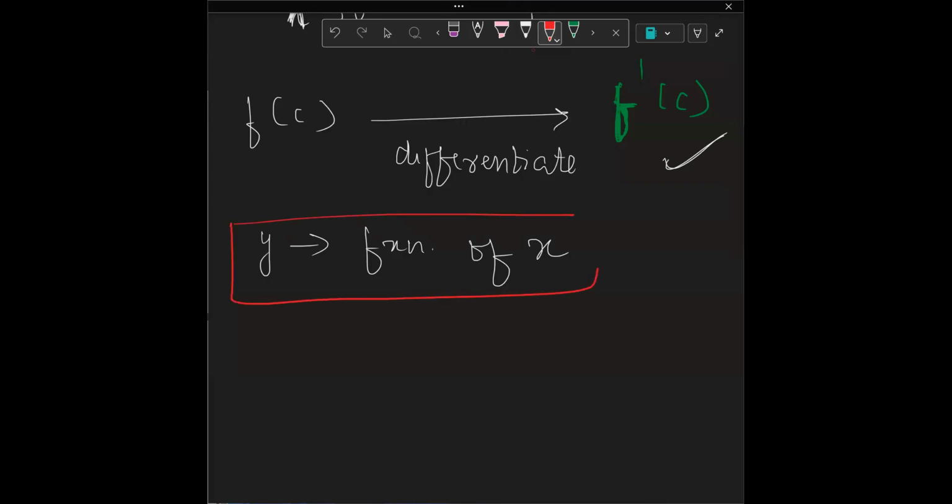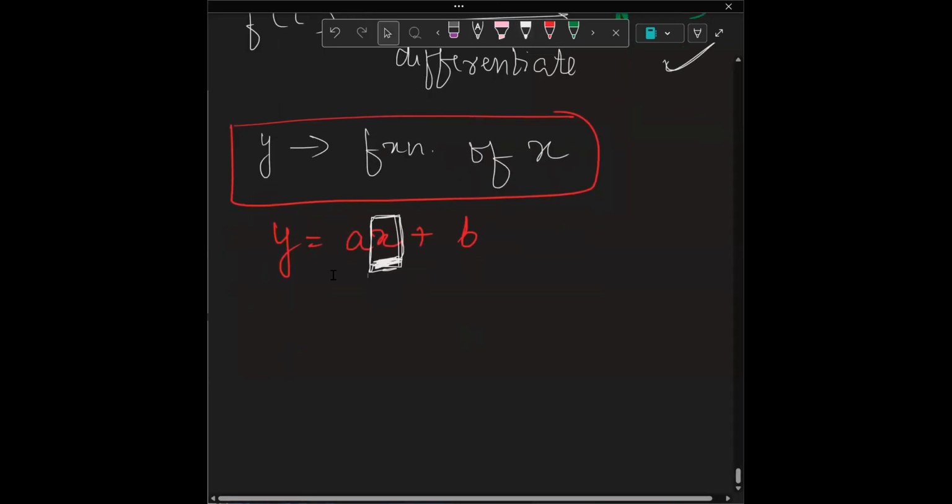Y is a function of x. That means your y is a function of some variable x. So ये जरूरी नहीं है जो मैंने इक्वेशन यहाँ पे लिखी है as it is same, but it's just an example of a y function, that y that is a function of x.